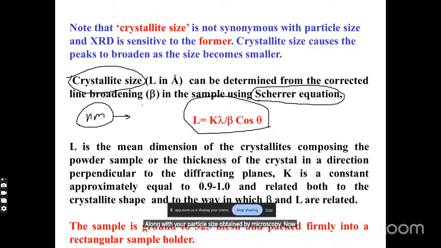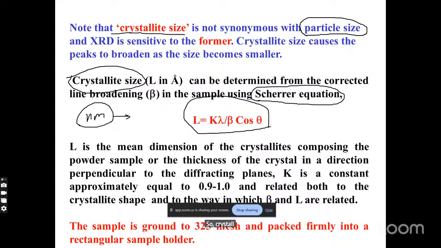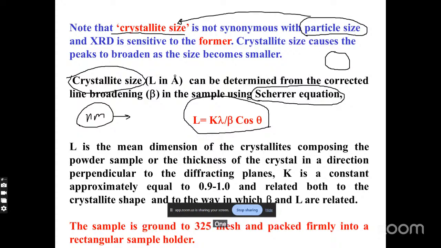Now first of all, you have to be clear: what is a crystallite size and what is a particle size? Crystallite size is different from particle size. A particle is made up of several crystallites. You know bundi ka laddu: one bundi will be a crystallite and the laddu will be a particle.